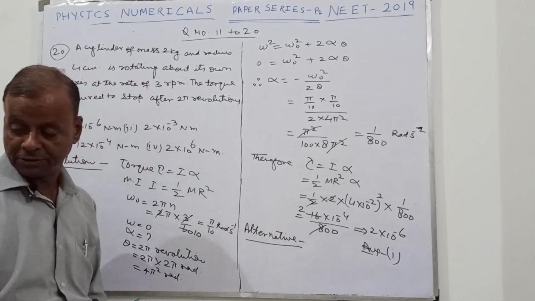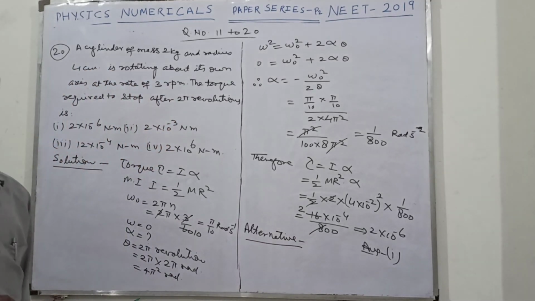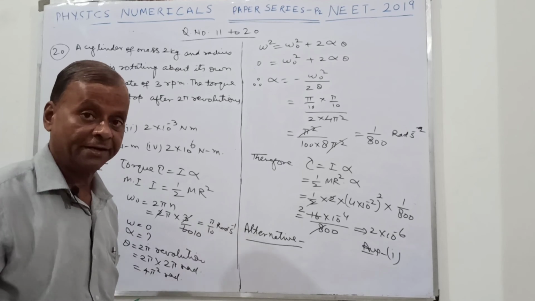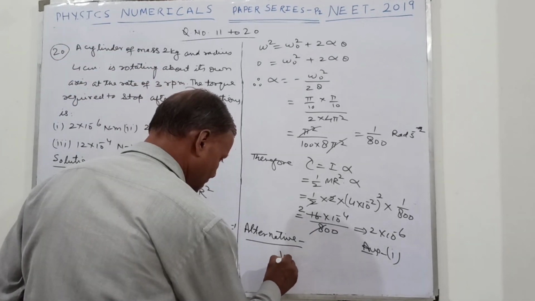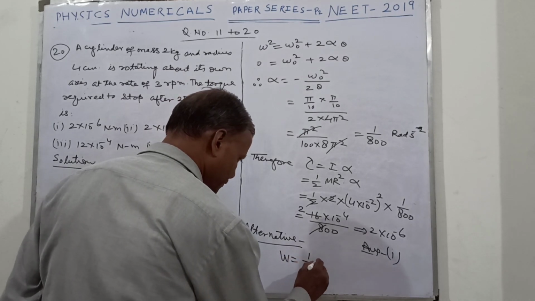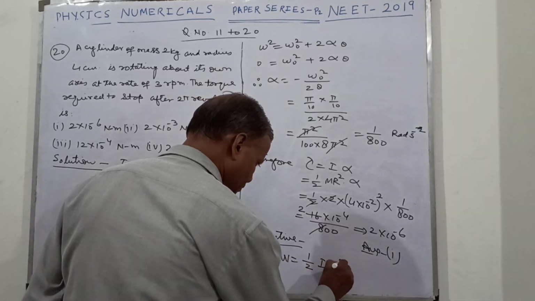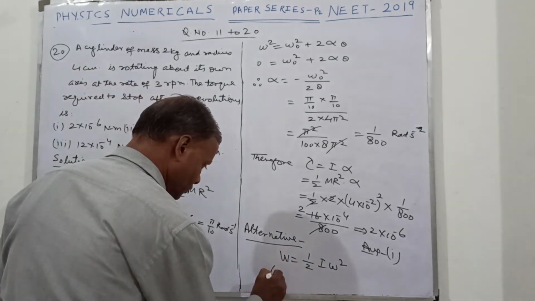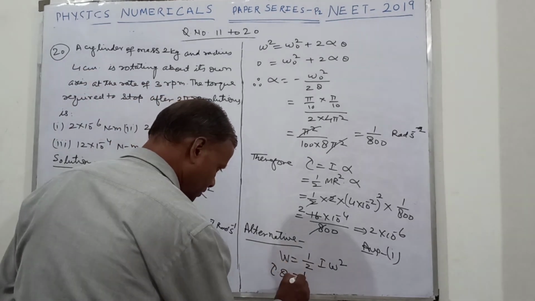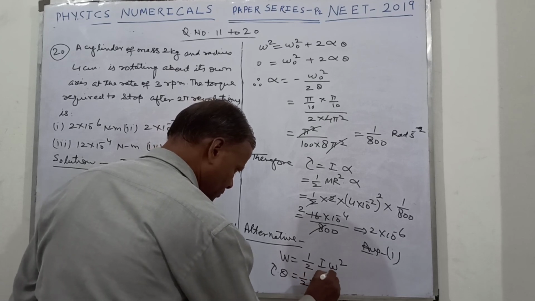Alternative is what? Since the body is rotating, it means that it has rotational kinetic energy. So rotational kinetic energy is equal to half I omega square. And now this work done is equal to torque into theta is equal to half I omega square.